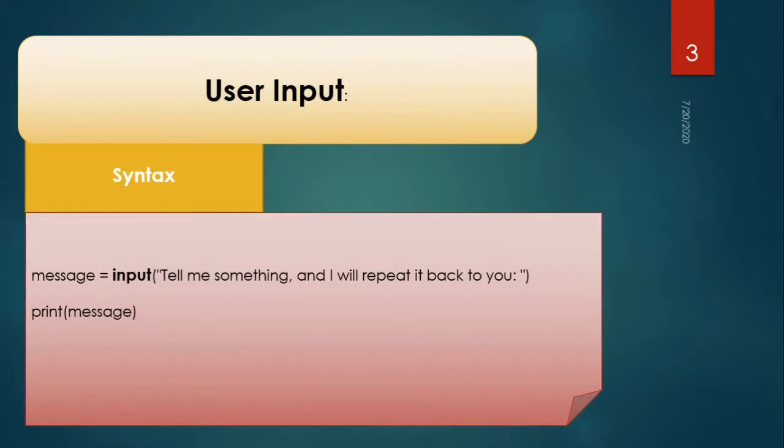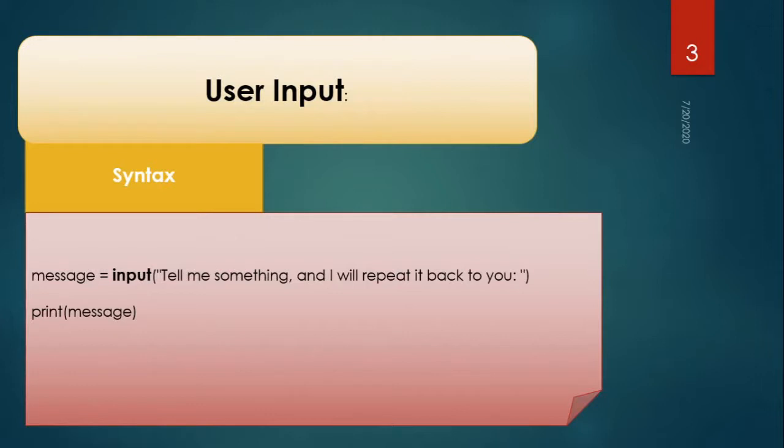I have assigned a variable named message, and with that I have used the input keyword, and in the parentheses I have used a string which is going to print first, and then the program asks for my input.